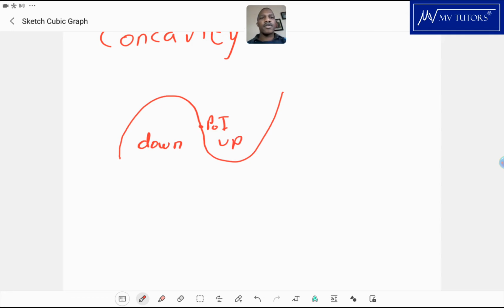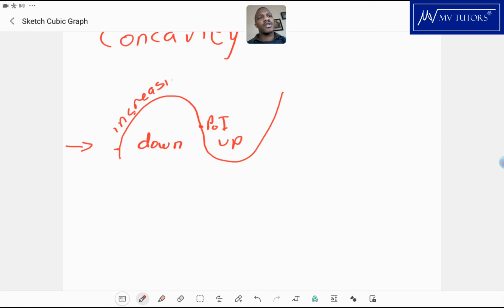Now the graph is increasing when it's moving up. Now you always come from the left. Pretend you're driving a car from the left, and then once it hits the graph, it starts going up. When it's going up, we call it increasing.